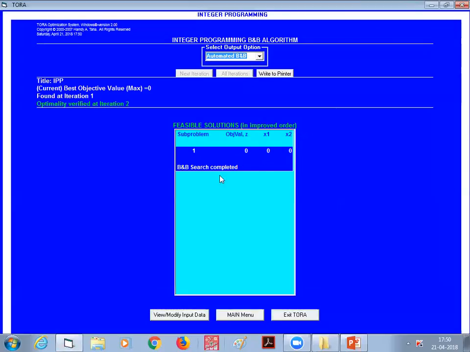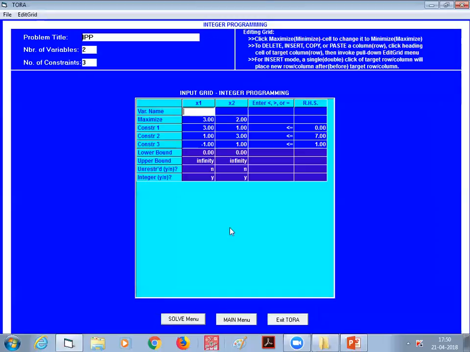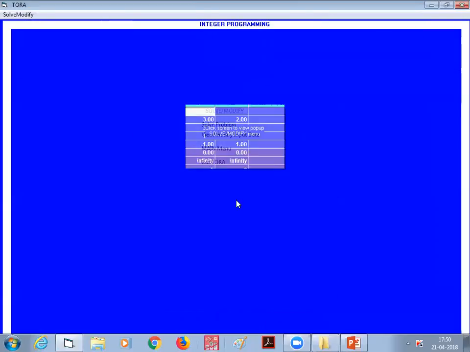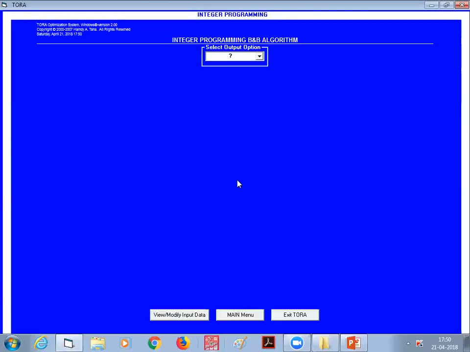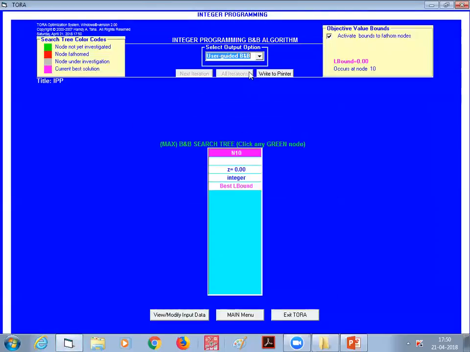Let's see. Search is completed. Did it take minimization or what? Maximize. I think there's a bug in this. All right, we will do user defined.